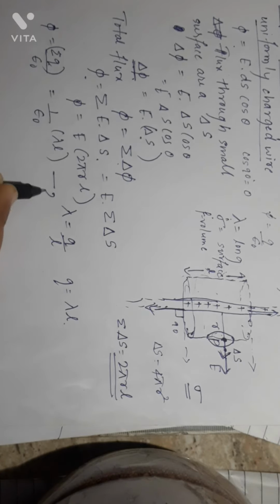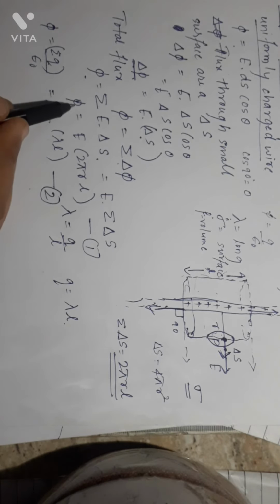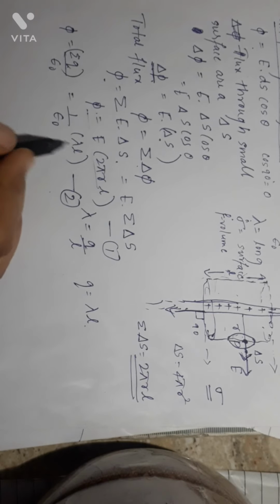This is equation 2, from Gauss law, and the earlier one is the flux equation 1. Let us equate both.